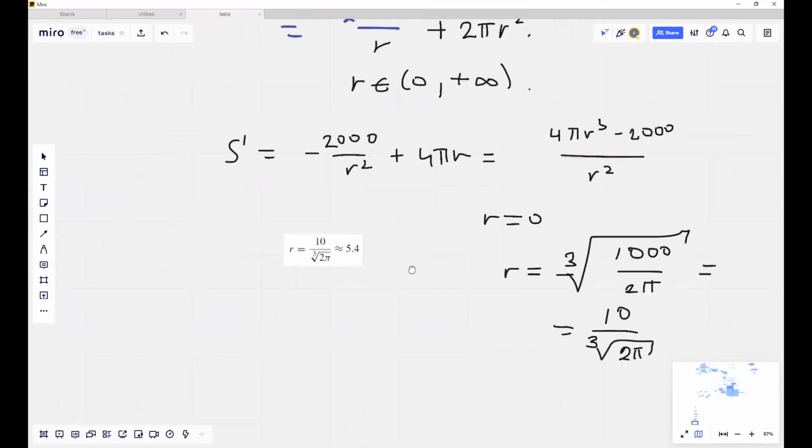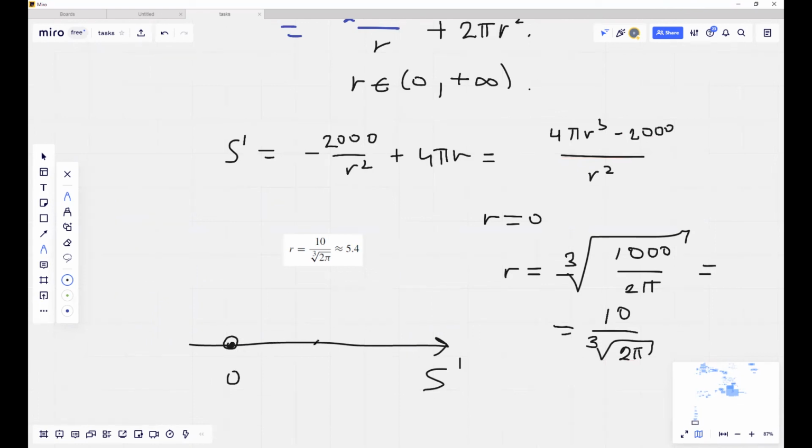So now let's study our function and show that this critical point, the stationary point, which is approximately equal to 5.4, is the only relative extrema point inside of our interval, meaning that it's going to be an absolute extrema point in that interval. So we need to show that this is the point where our function reaches its minimum. To do that, we are going to study the sign of S prime. We have a critical point at 0, but we'll not care about this one.